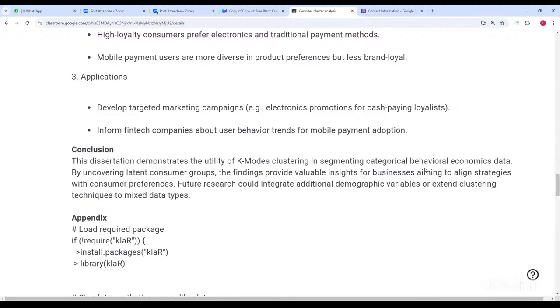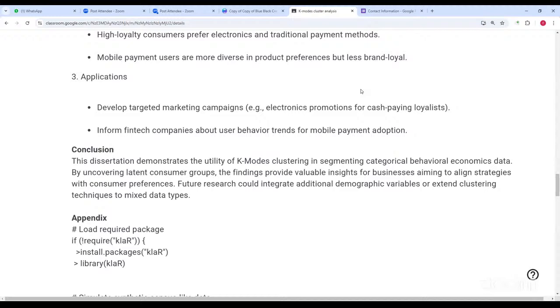Next, the dissertation conclusion. This dissertation demonstrates the utility of K-modes clustering in segmenting categorical behavioral economics data.